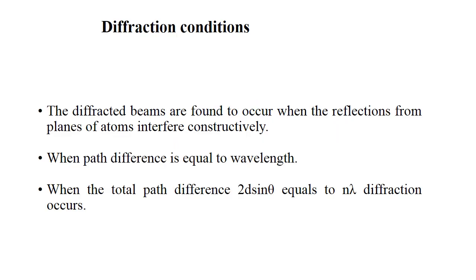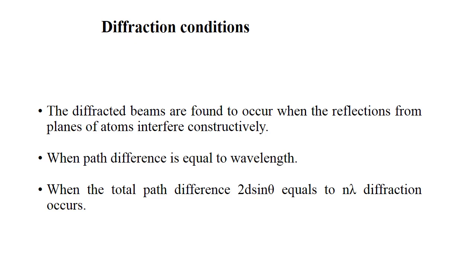What are the diffraction conditions? Diffracted beams are found to occur when the reflections from planes of atoms interfere constructively, as we have discussed earlier in lecture number 1. If there is constructive interference, then we can find the planes of atoms which are diffracted.